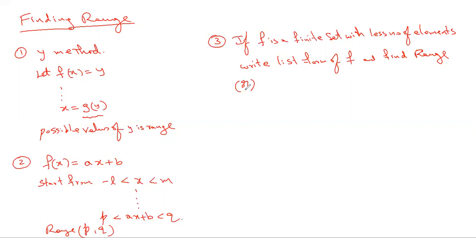Sometimes the function may contain infinitely many elements, but all the elements will have the same image, or only two particular images, so the range is a finite set with a small number of elements.